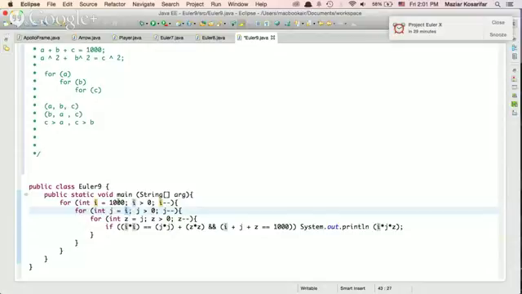If we have checked a number once, we don't need to check it again. And then Z has a similar thing.